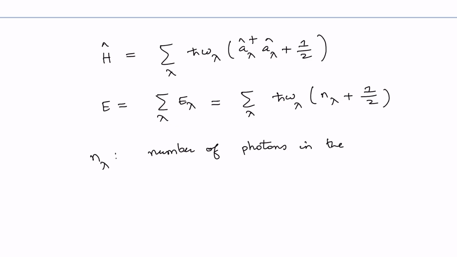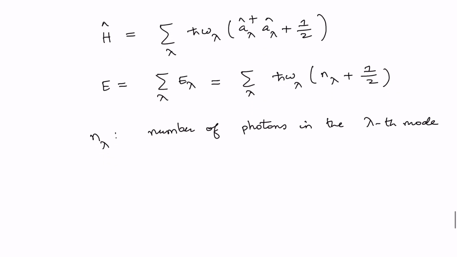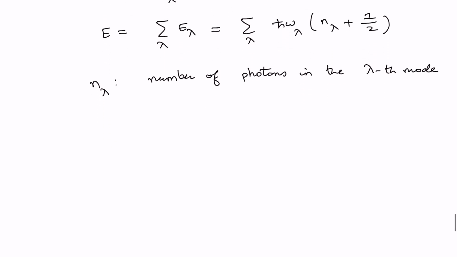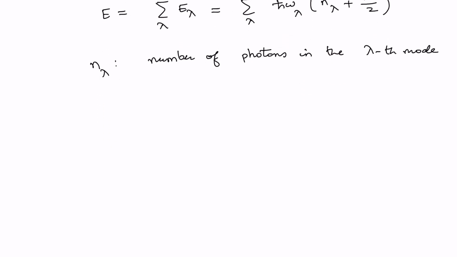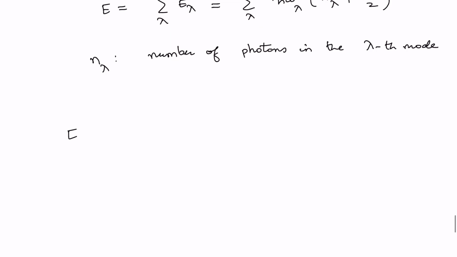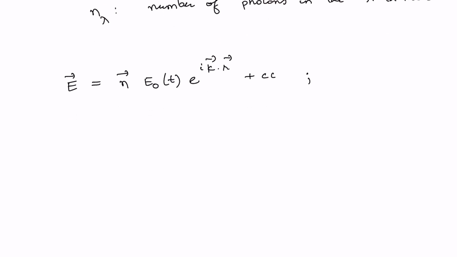in the lambda-th mode. Moreover, the classical electric field and magnetic field are also now operators in the quantum realm. So the electric field, which in the classical case we had written like this: eta E0 of t e to the power i k dot r plus complex conjugate. Recall that E0 of t we have taken to be i a alpha of t.